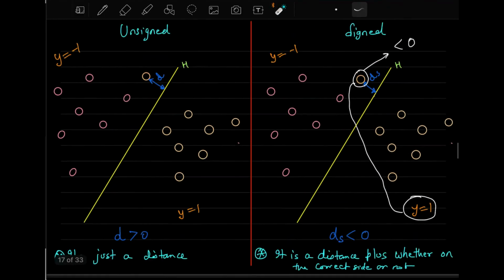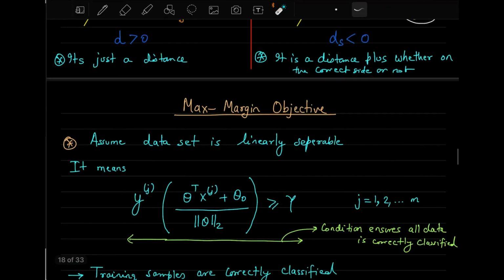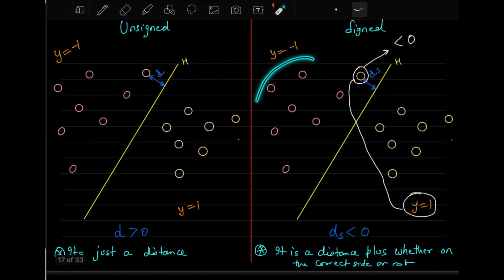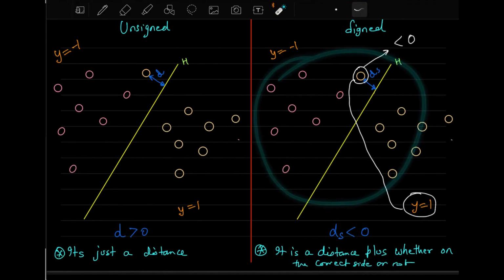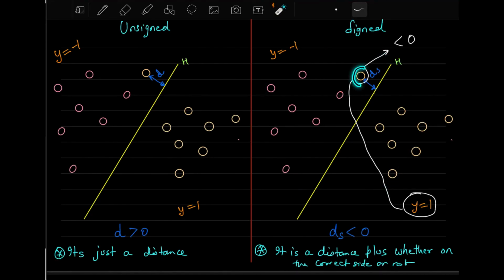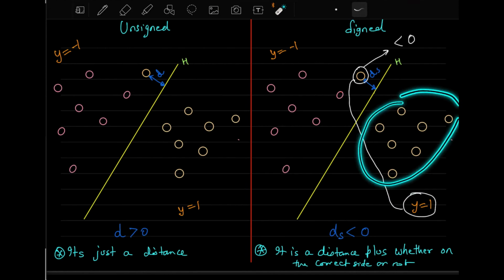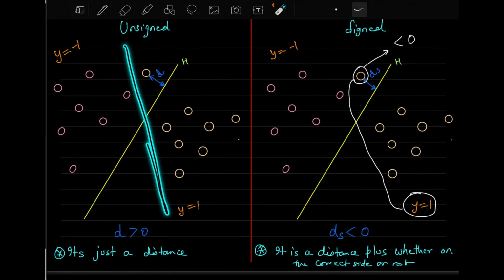We are not discussing the situation where you have some data points here also of this class. We will deal with this later when we understand the advanced versions, but right now we are assuming that our data points are linearly separable, and they can be separated by a simple line.